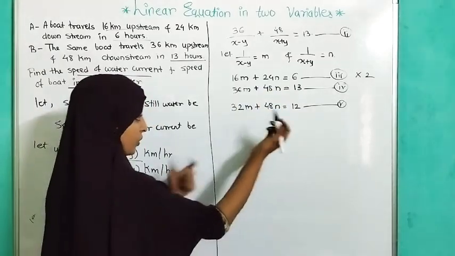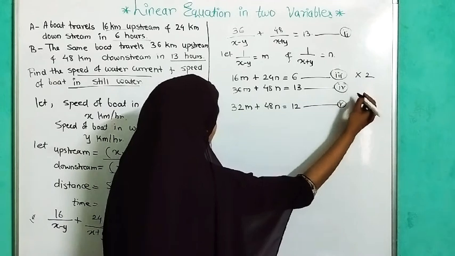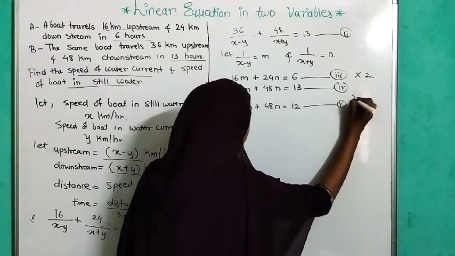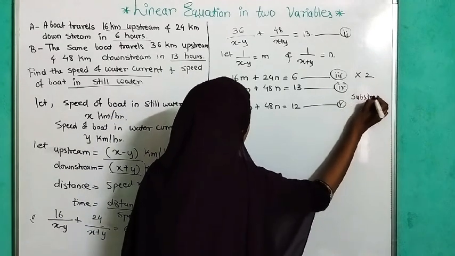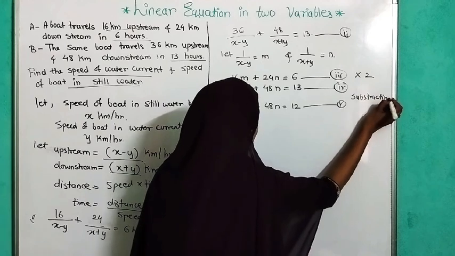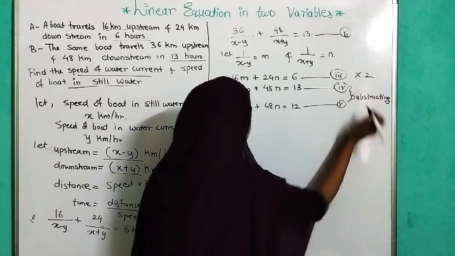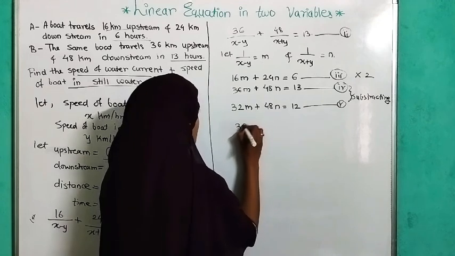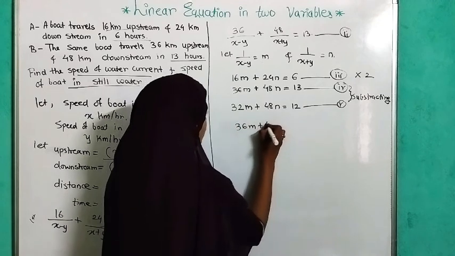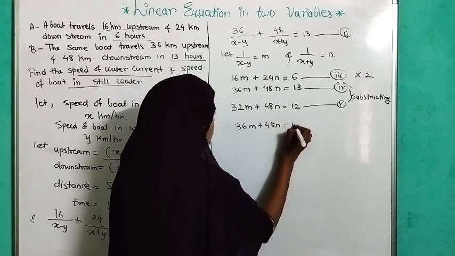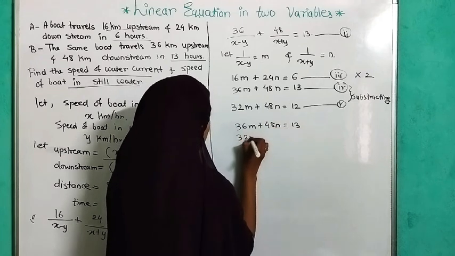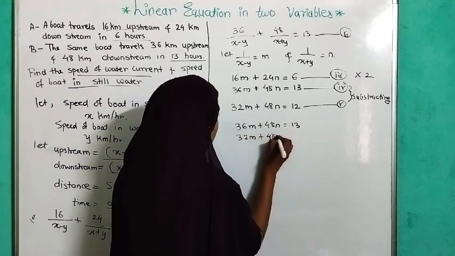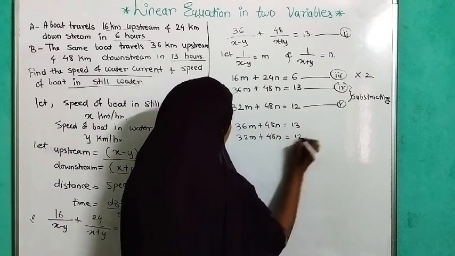Now we are going to subtract equation 4 and 5 to eliminate the n term. 36m plus 48n is equal to 13, and 32m plus 48n is equal to 12.